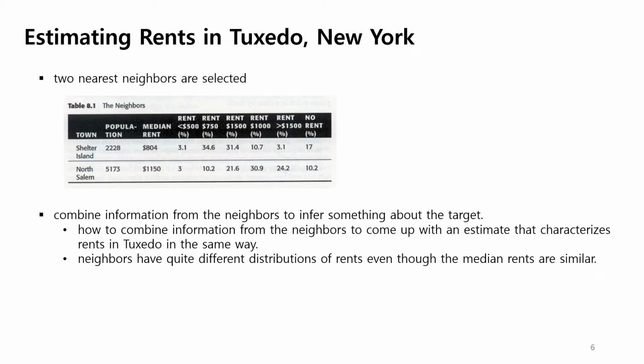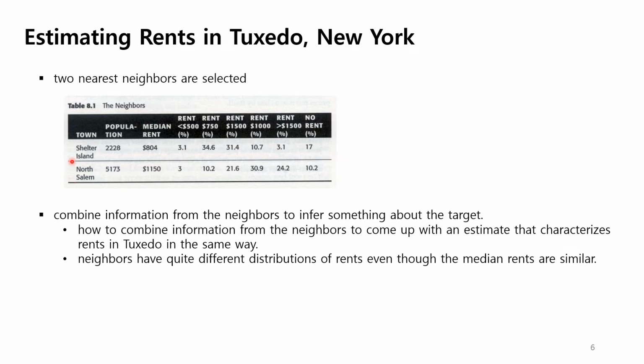So we have chosen two neighbors, Shelter Island and North Salem. And this shows the detailed information of these neighbors. So for Shelter Island, this is population, this is the median rent value, and this is the distribution of rent values.